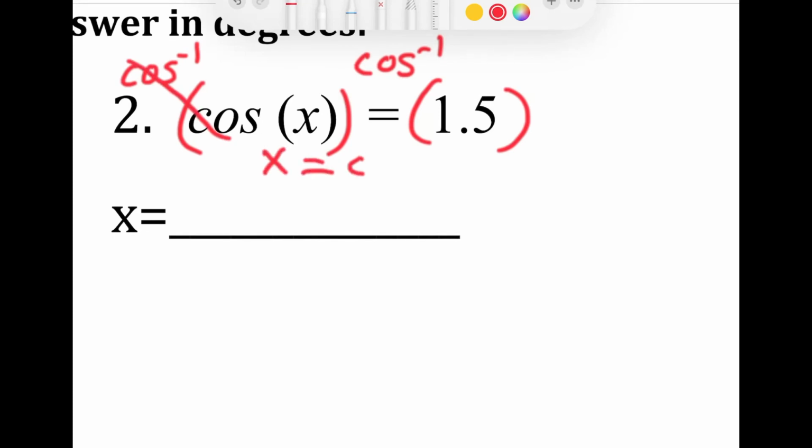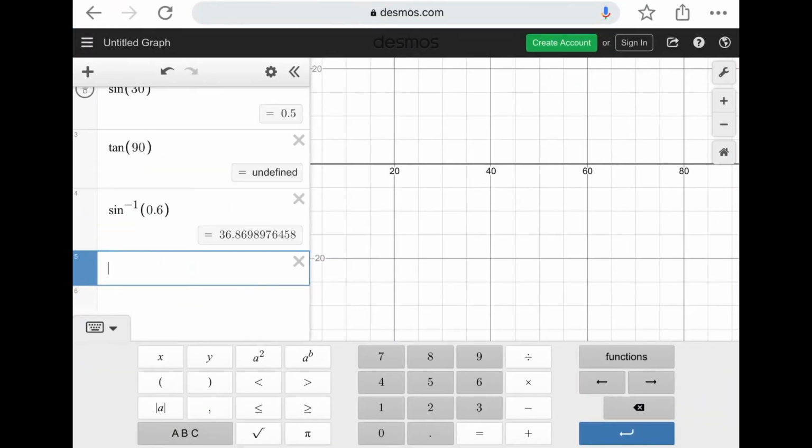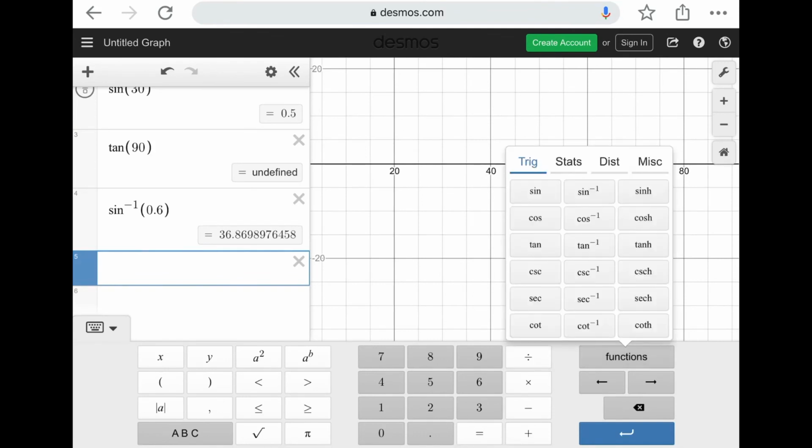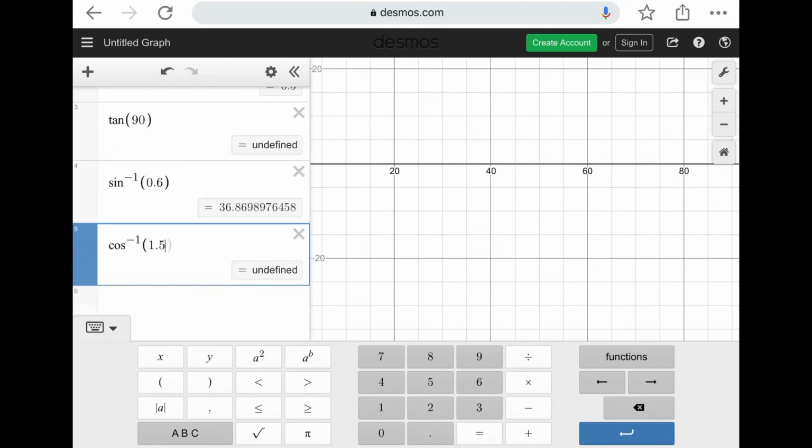You're left with x equals inverse cosine of 1.5. You're going to put this into your calculator, whichever calculator you're using. Functions, if you're using the Desmos calculator, inverse cosine of 1.5. And because it says undefined, you can just put not possible and move on.